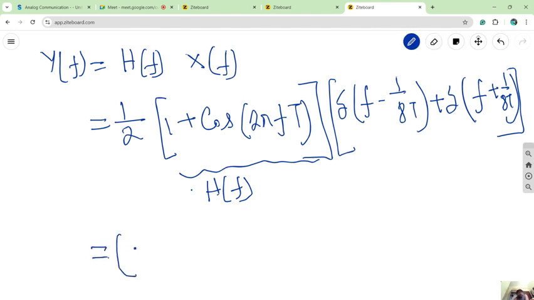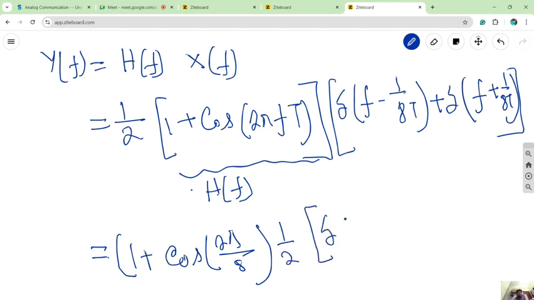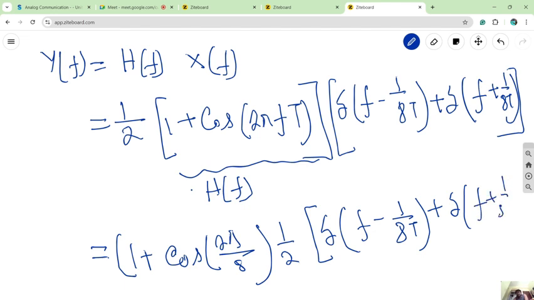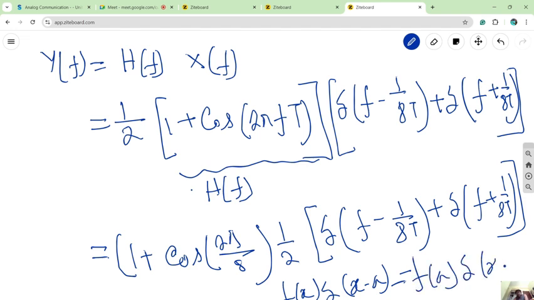This is actually 1 plus cos of 2 pi by 8, times half of delta of f minus 1 by 8t plus delta of f plus 1 by 8t, because of the formula f of x delta of x minus a is equal to f of a delta of x minus a.